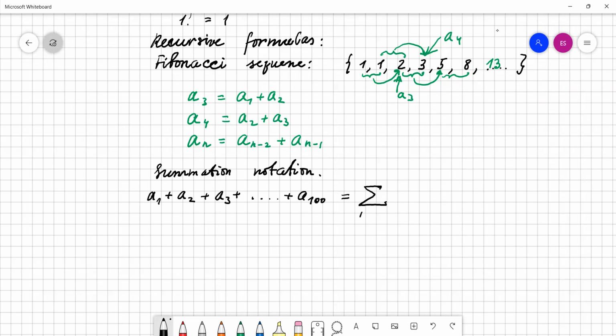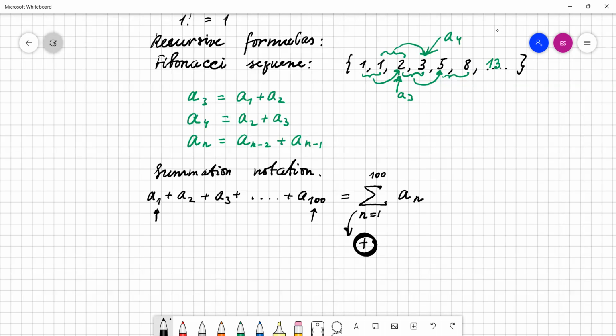We label that we start at n equals 1, my first element is 1, and end at n equals 100, and have the sum of all elements. So this sigma means only one thing, that's plus. We are adding elements, starting with element 1, ending with element 100, and sigma stands for addition.